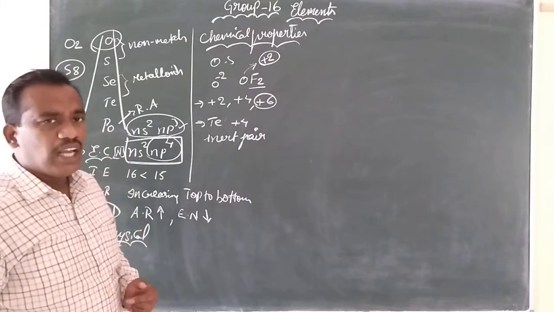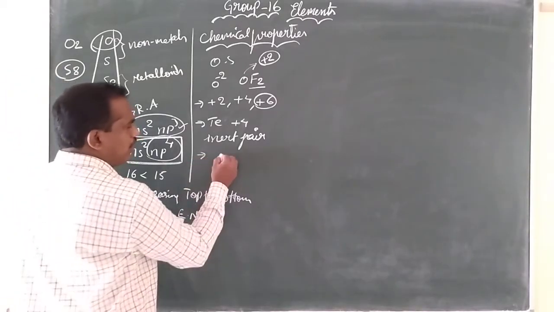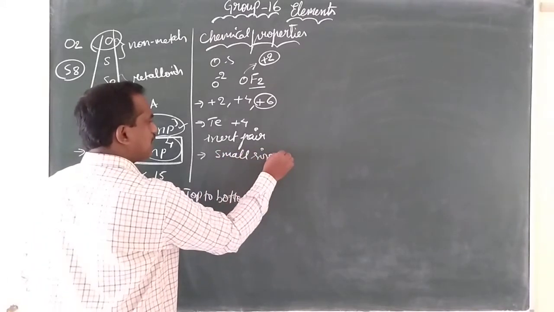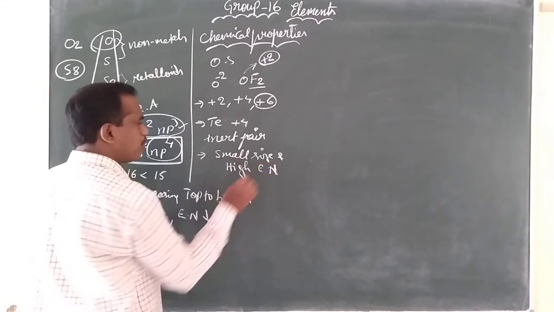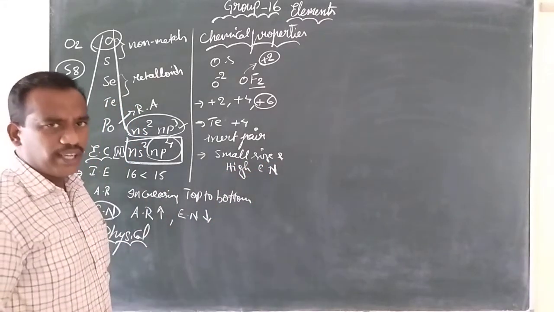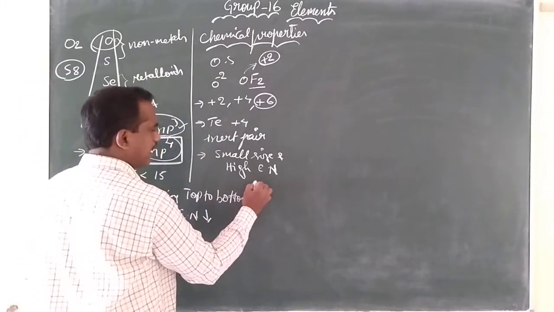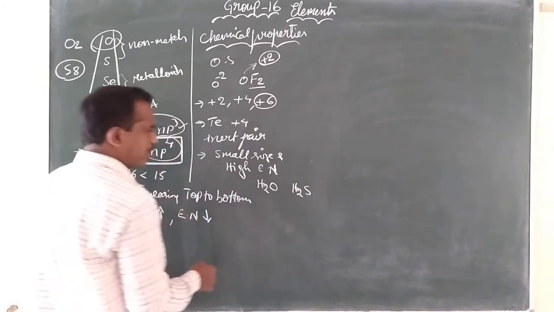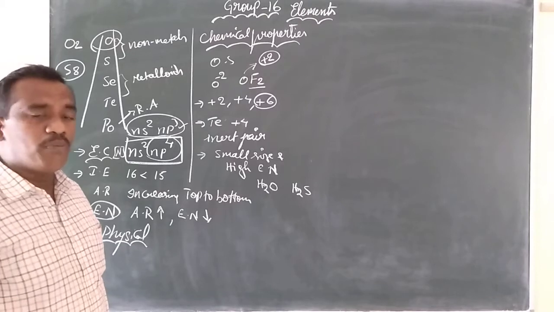And coming with our oxygen, due to its small size and high electronegativity, its boiling point is more, like in the case of H2O and H2S. Once you compare H2O and H2S, among these two, which has the higher boiling point?